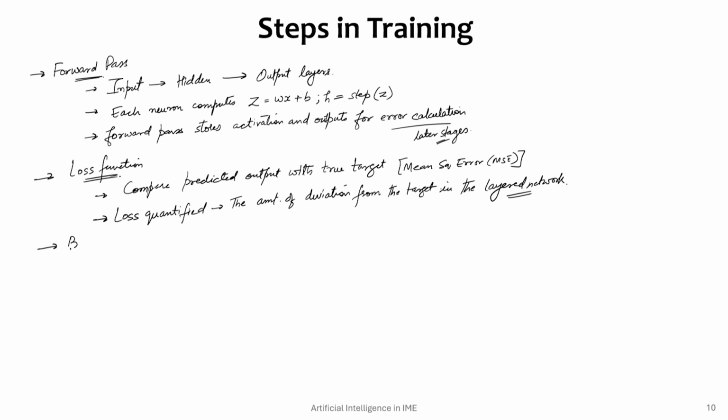The last stage is also known as the backward pass. Here we compute error gradients and we propagate the error backward using the chain rule.